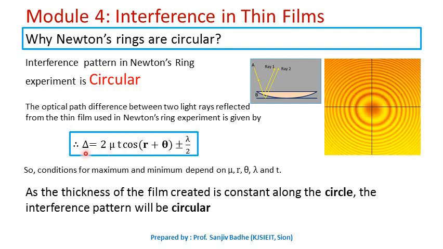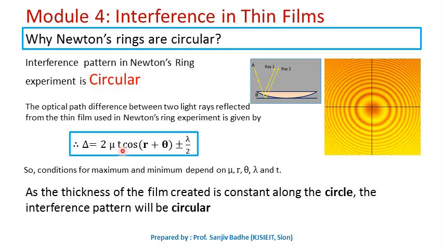So for the given value of optical path difference, if the condition for maximum is satisfied along the circle where that thickness and therefore the optical path difference is constant, we will get the same condition for maximum satisfied, and we will get a series of bright points along the circle which can be seen as a bright circle.